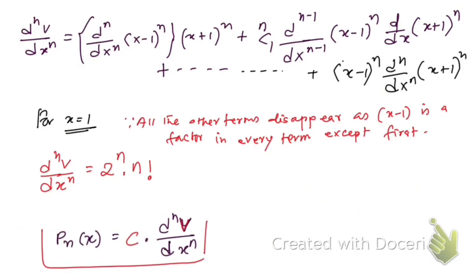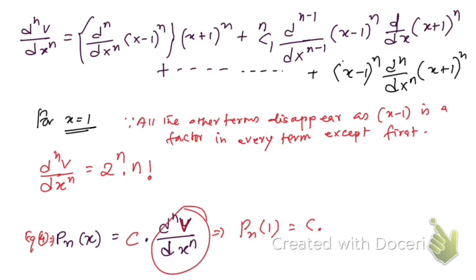For x is equal to 1, this equation becomes Pn of 1 is equal to c into, and we have got this, that is 2 to the power n factorial n, for x is equal to 1.